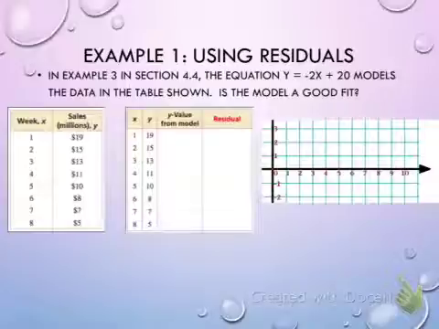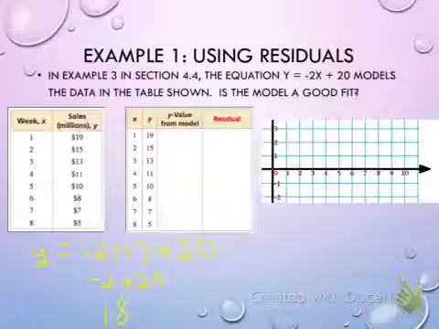If you're looking here, you'll see that x is 1, y is 19. But if you use that formula, y equals negative 2 times my x plus 20, I'm going to get negative 2 plus 20, which is going to give me 18.